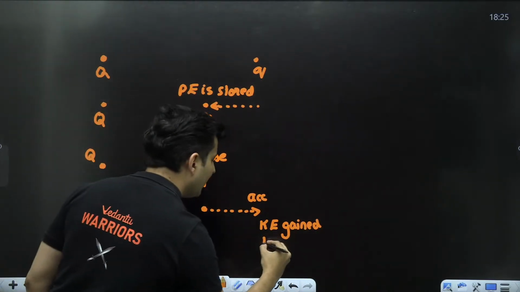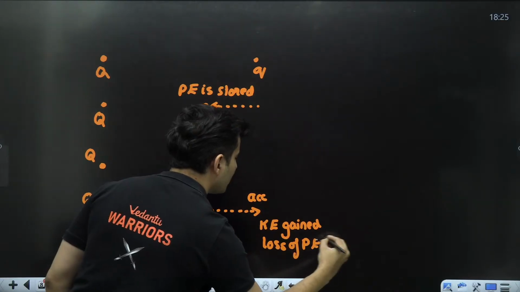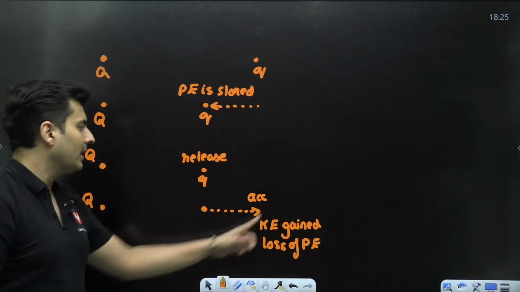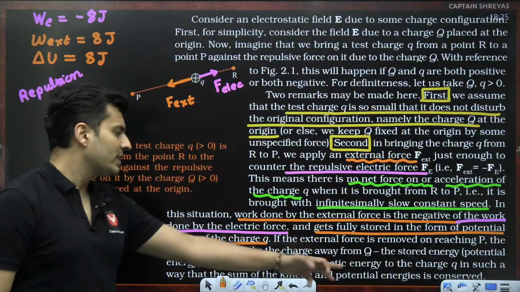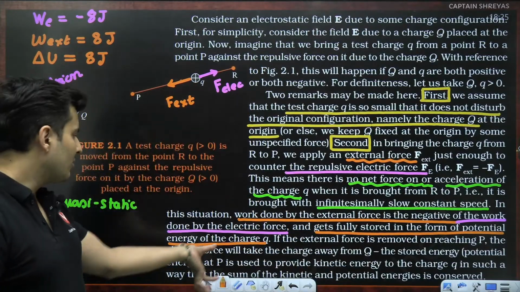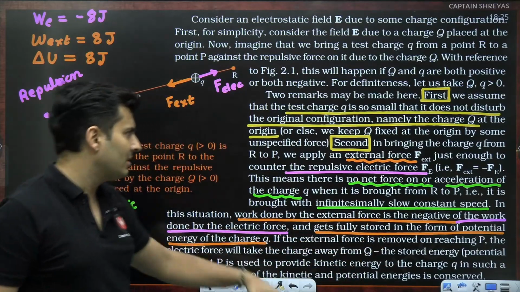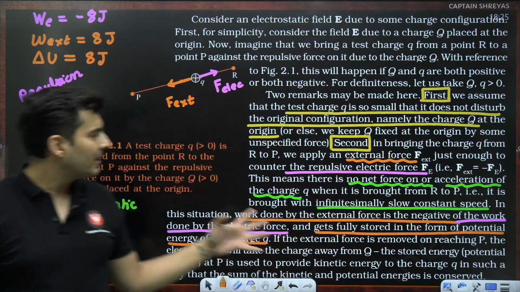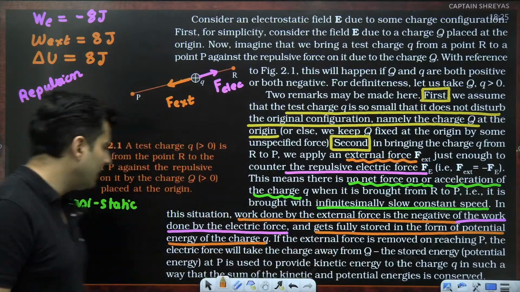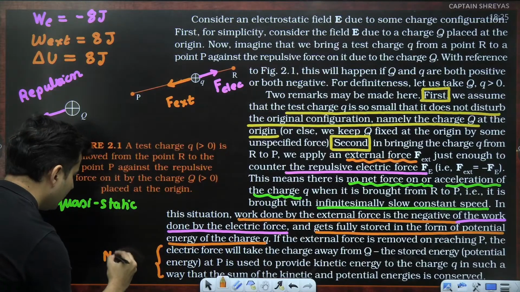This is being gained at the loss of the electrical potential energy. So it will start gaining kinetic energy because it is losing the potential energy, and thus energy is conserved. That is what is explained in the last thing, which is very obvious, nothing to remember as such, but that's why I'm not underlining it. Okay, well, this is explained in the next slide. So this particular part, check the next slide.